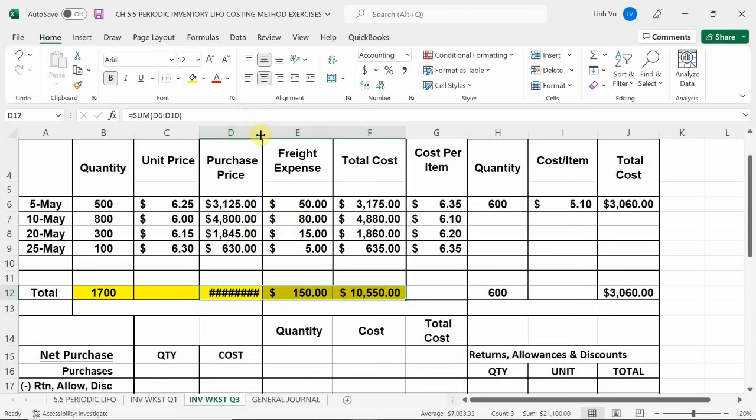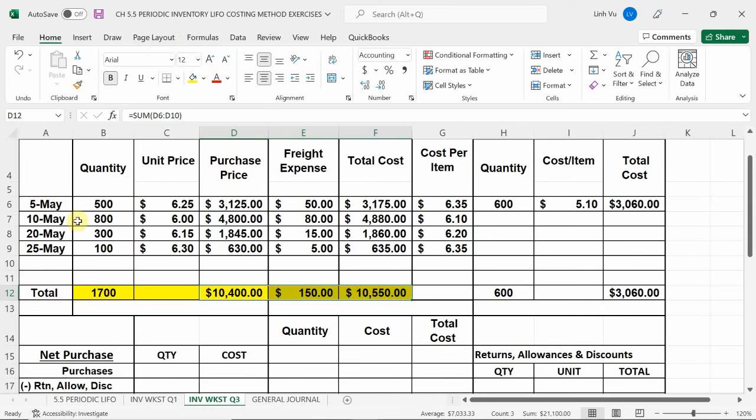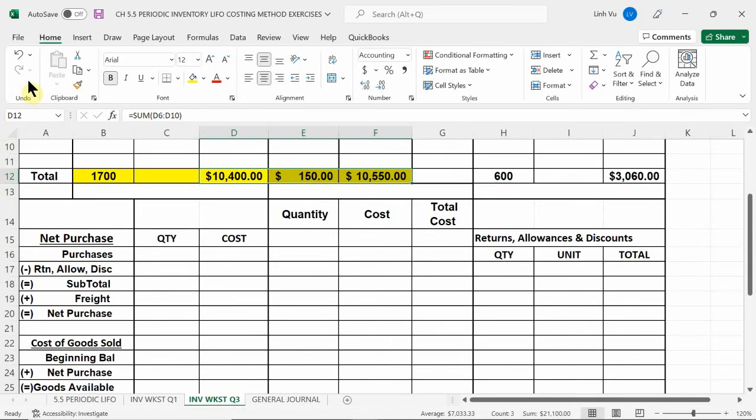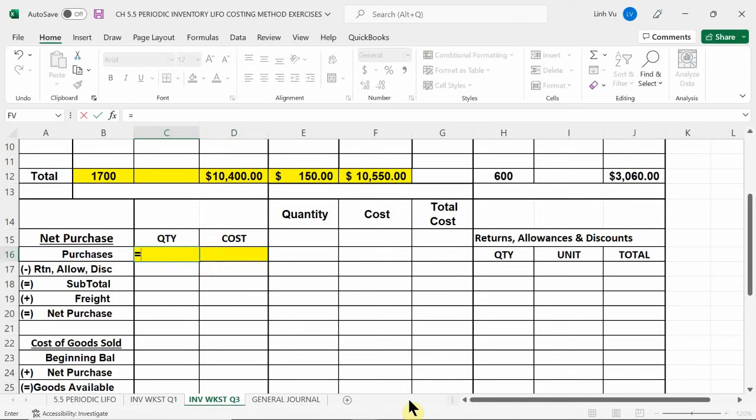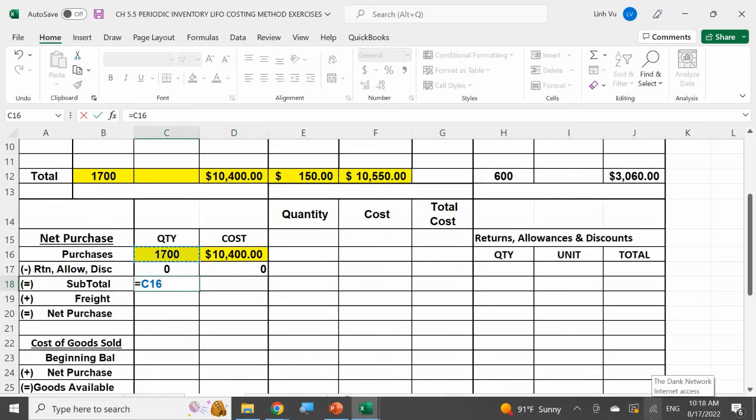All right. So now that we have those totals, let's go ahead and pop them into our inventory worksheet here. We said that you're going to get these numbers from above. So you got purchases of 1,700 at 10,400. No returns and allowances yet. Returns and allowances decrease your purchases, so in this case, nothing happened.